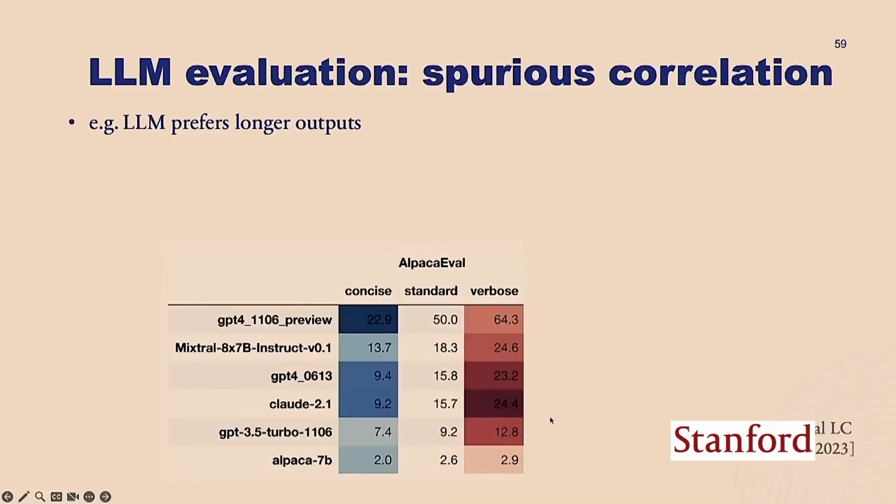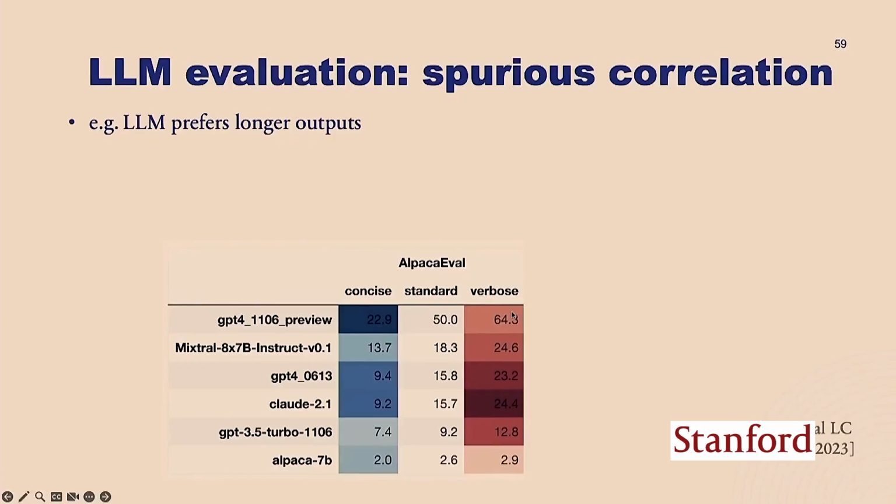And here is another view of the initial AlpacaEval benchmark, where we look at the win rate of GPT-4 versus GPT-4 itself. If we use the standard GPT-4, it gets 50%, by definition, because we're comparing GPT-4 versus GPT-4. But if we ask GPT-4 to be slightly more verbose, so we just say in the prompt, be verbose in your answers, then it gets a win rate of 64.4%.